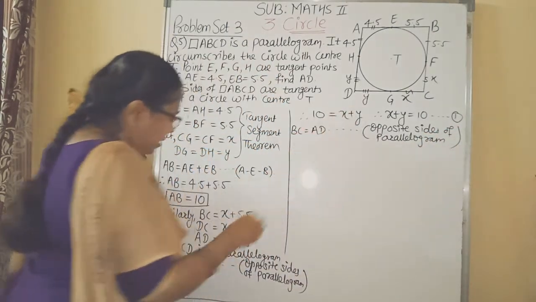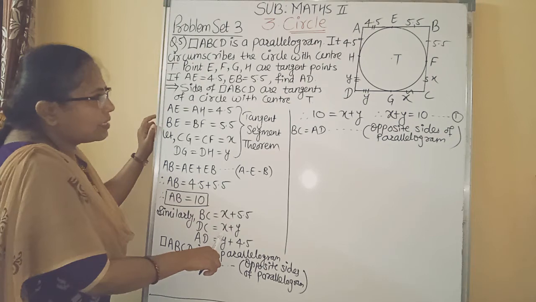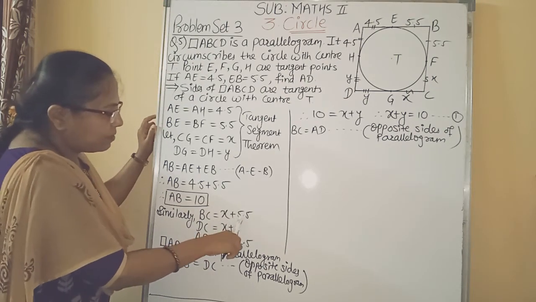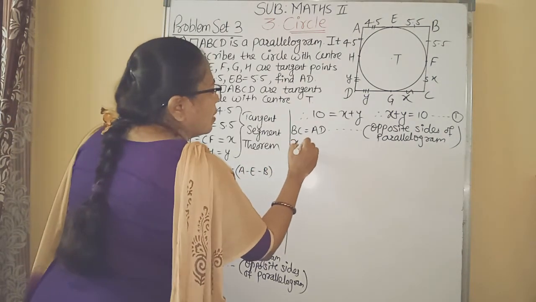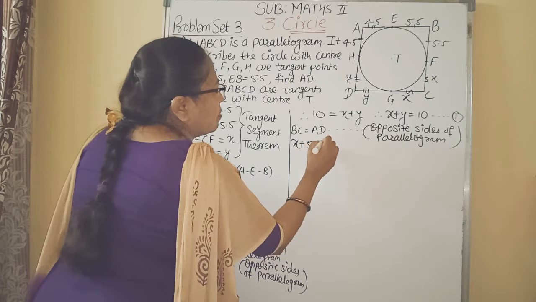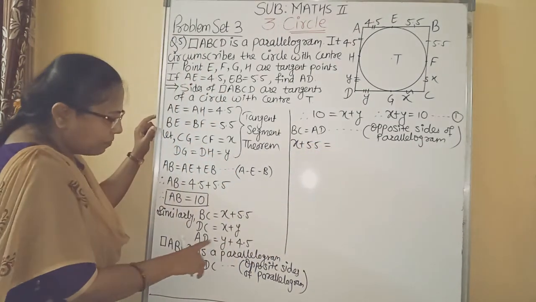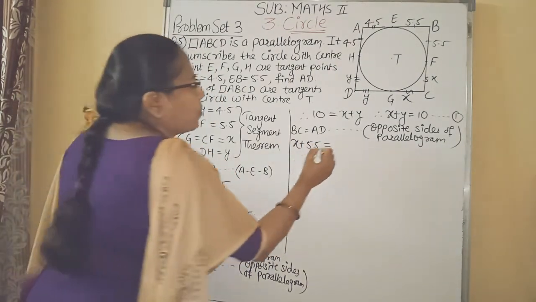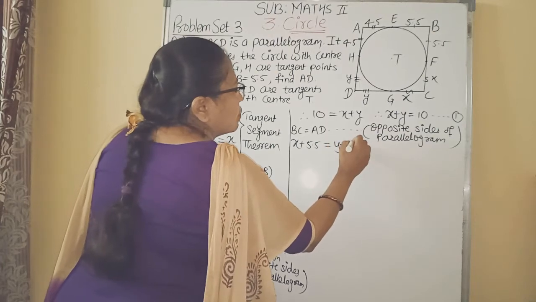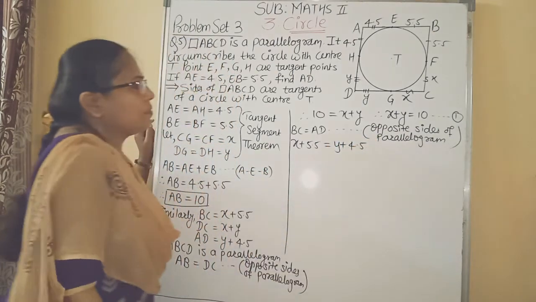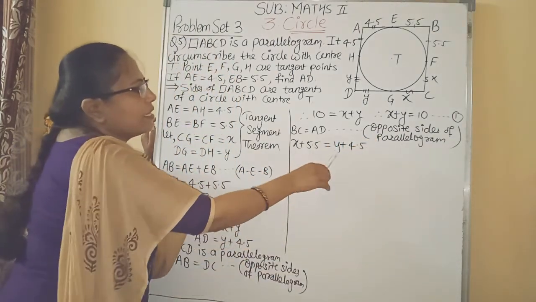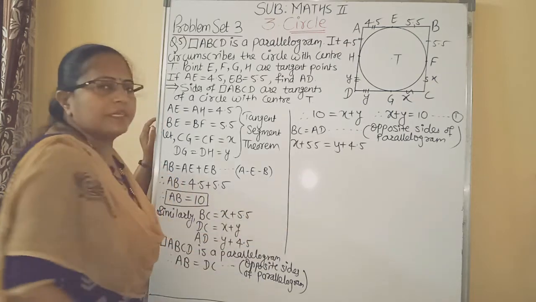So BC is equal to x plus 5.5 and AD equal to y plus 4.5. Now convert these linear equations into standard form.